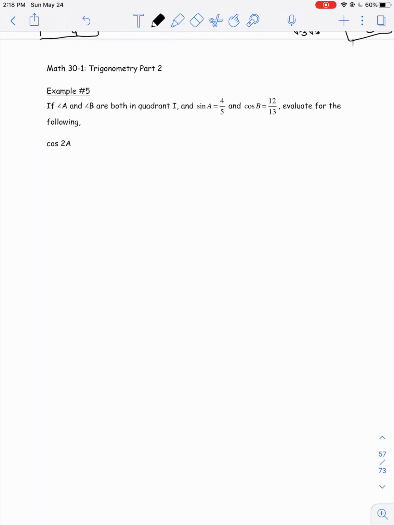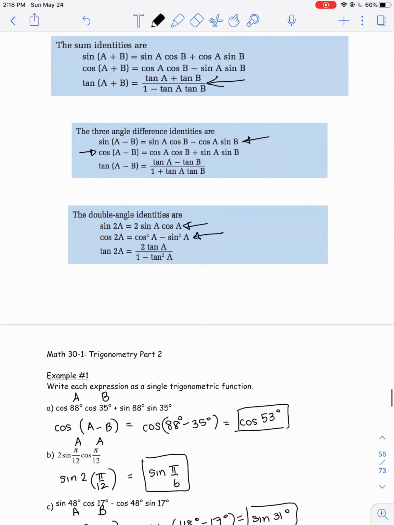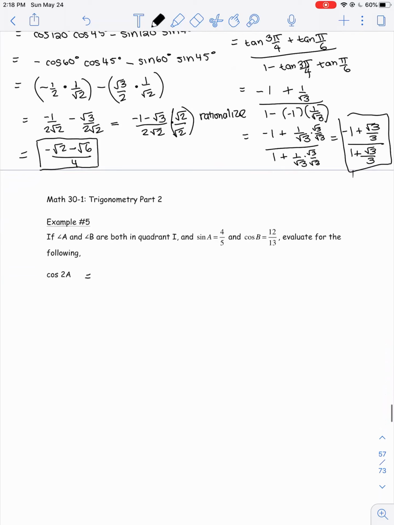Example number 5, they're giving us that sine a is 4 over 5 and we want cos 2a. Well, if we look at the identities, we know that from looking at the previous pictures, cos 2a is cos squared a minus sine squared a. Well, we need cos, but all we have is sine a.